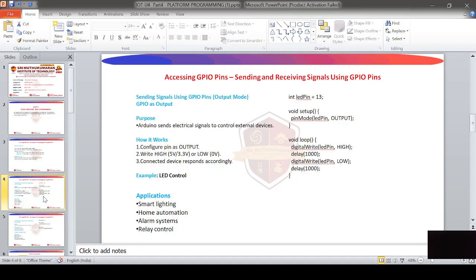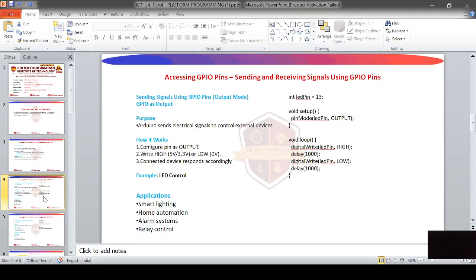Void loop executes any number of times. digitalWrite(ledPin, HIGH): I am writing digitally for the LED pin to be HIGH, which means 5 volt or 3.3 volt.